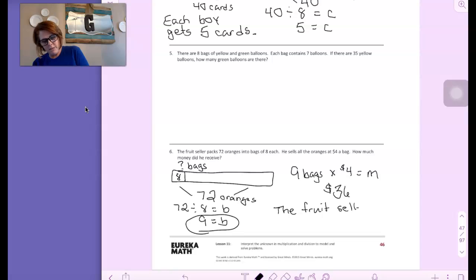And remember, pause the video anytime you need to write things down. Some people might like to listen and then write it all down, or you might like to write each step down. You need to do what works for you. So the fruit seller received $36.